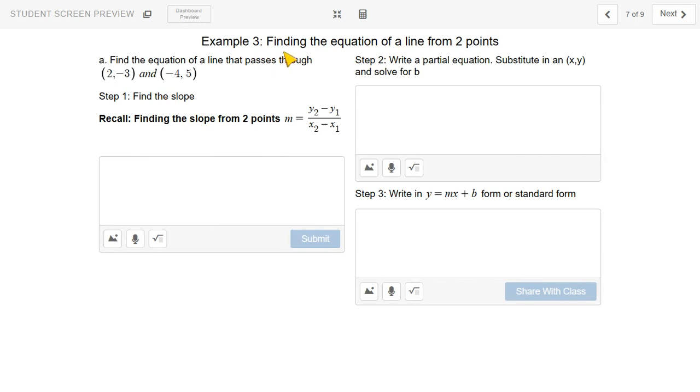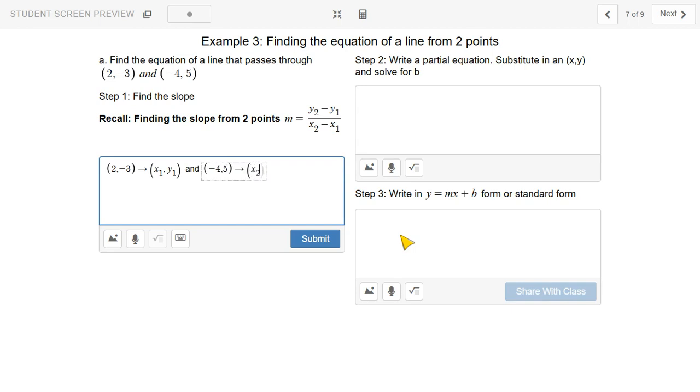Okay, our next example, we're going to find the equation of a line from 2 points. This is similar to what we did, except we're not given the slope anymore. We're just given 2 different points. But we know that if we have 2 different points, we can always find the slope by using the equation where we get the difference in x and the difference in y. Okay, so 2, negative 3. This is our x1 and y1. And our second point, negative 4, 5.